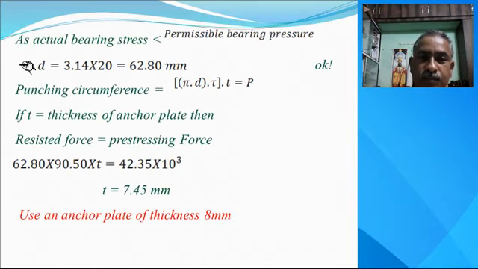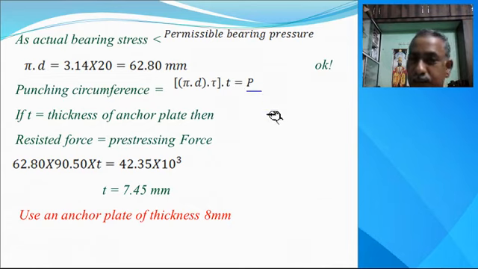For the actual bearing pressure, the punching circumference is equal to pi multiplied by D, that is 3.14 multiplied by 20, which is 62.80. The actual bearing stress involves pi D into tau, because there is a development of shear stress.